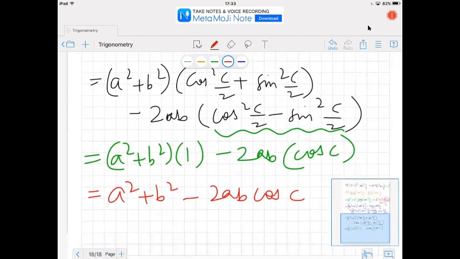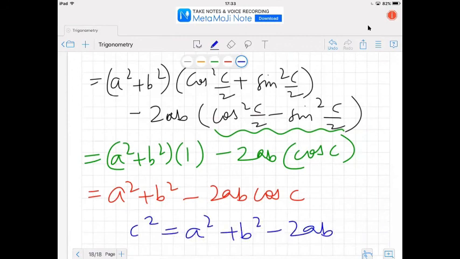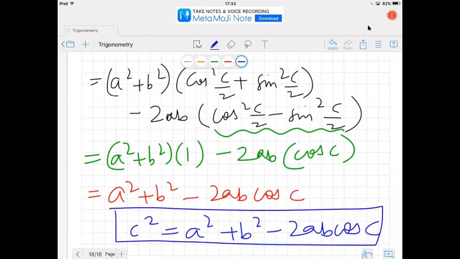Now, if you remember, according to the cosine rule, ठीक है, cosine rule क्या था? C square is equal to a square plus b square minus 2ab cos c. This was the cosine rule, ये हमने अभी देखा था.